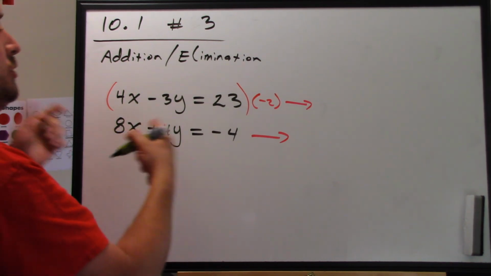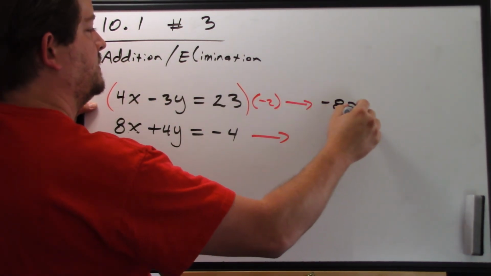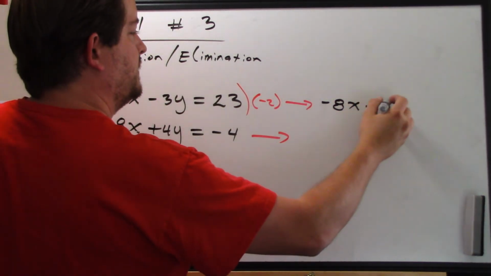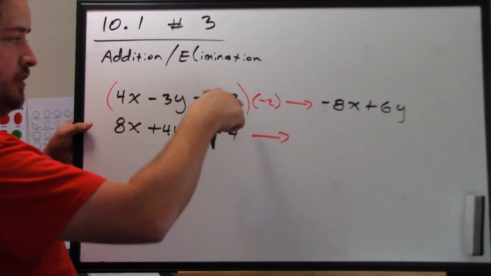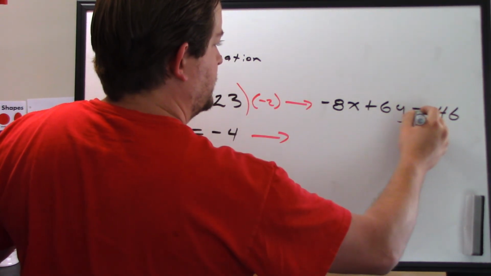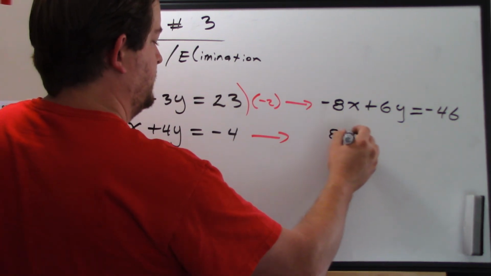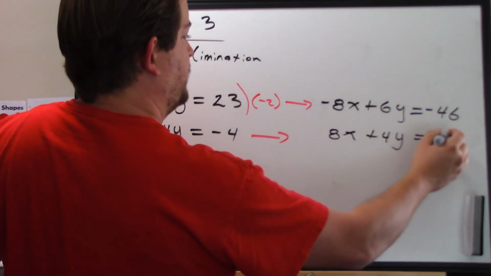That gives me this new equivalent system of negative 8x, the negative 2 distributes to everything, so plus 6y, and negative 2 times 23, negative 46. Bottom didn't change, so I have 8x plus 4y equals negative 4.